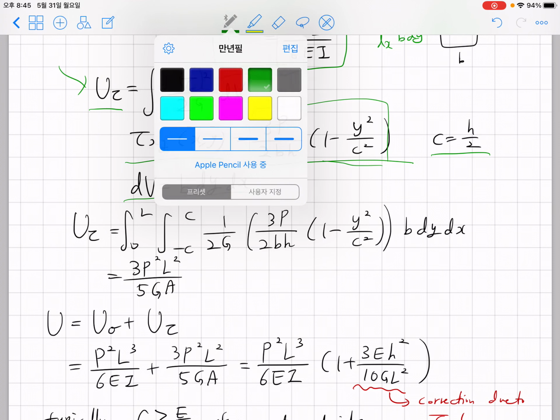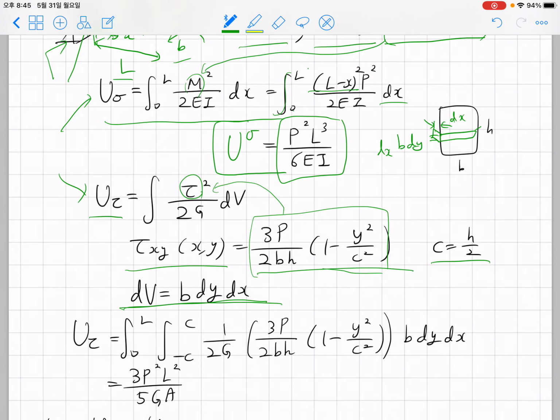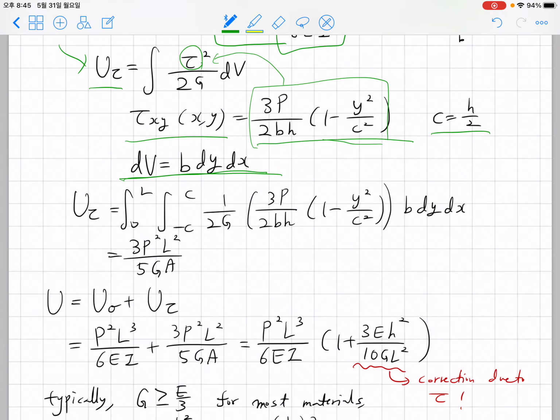So if you plug in this expression b dy dx, then you can consider the integral over different y points.